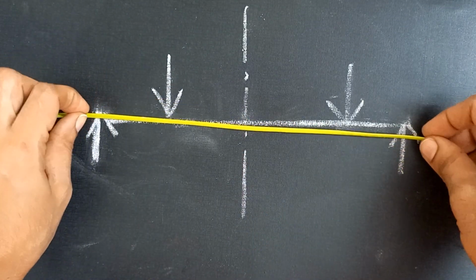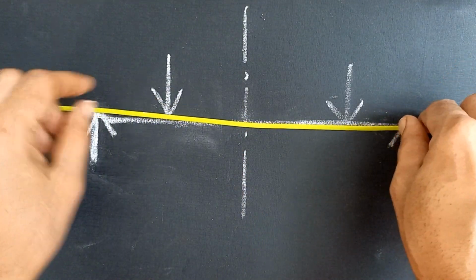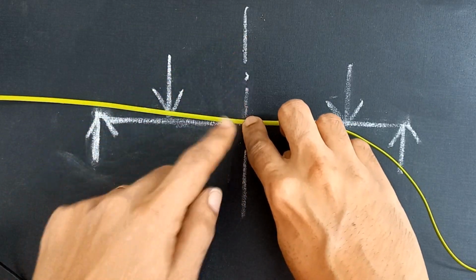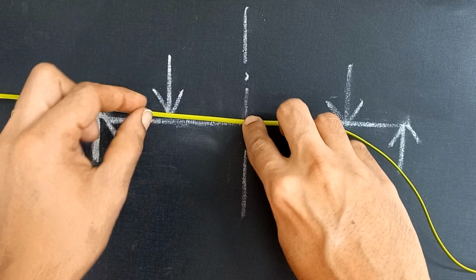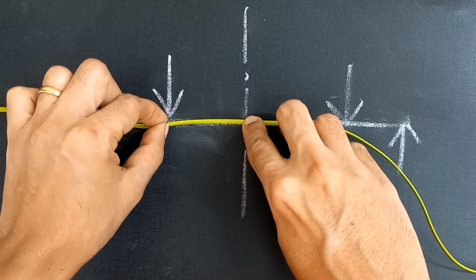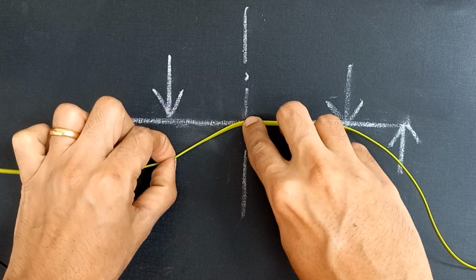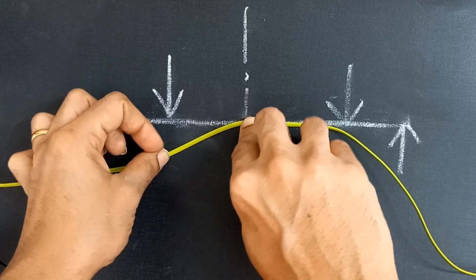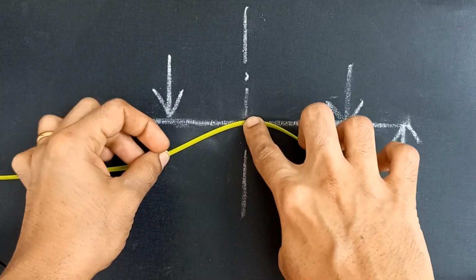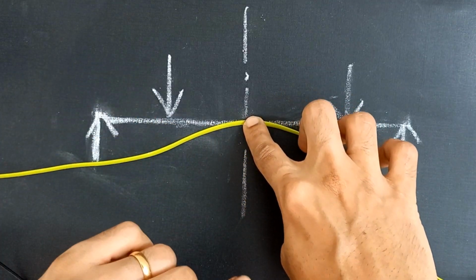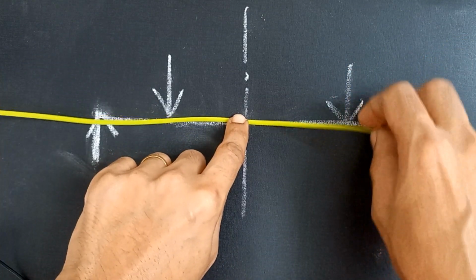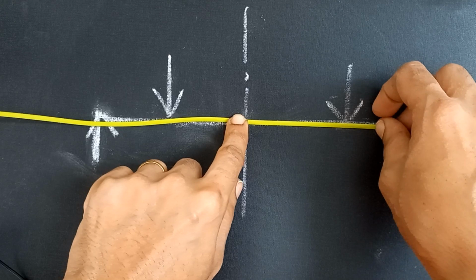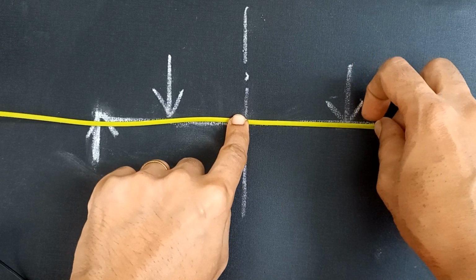Now let's consider this force. So this is the section and this is the force. So this force pushes the beam downward. So like this. So we are getting a hogging effect. So it can be considered as negative. Now, for this load, this is pushing the beam downward.